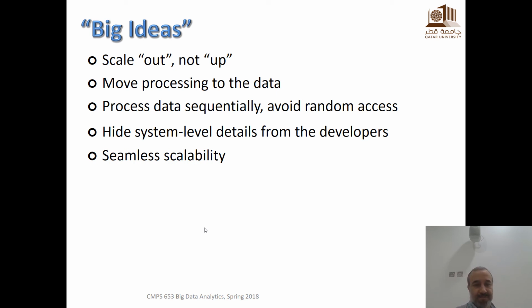The last one is what we call seamless scalability. First, what do we mean by scalability? When we say that this application is scalable, what do we mean by that? Scalability is the ability to scale.